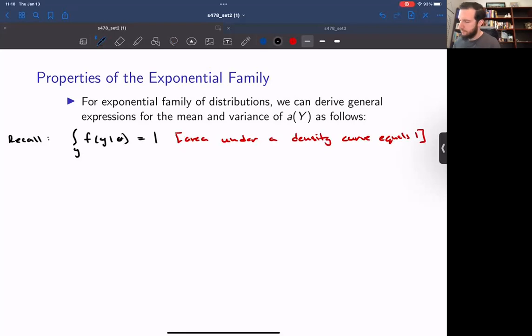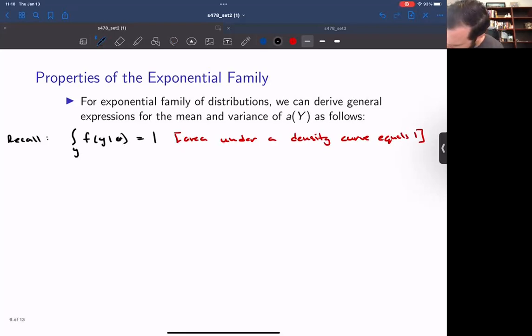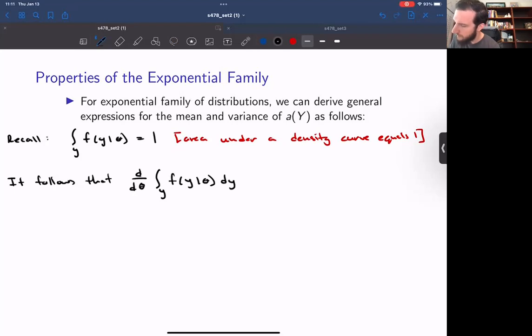All right. So it follows that d by d theta of the expression given above, with respect to y, sorry, I missed that here, is equal to d by d theta of 1, which is equal to 0.